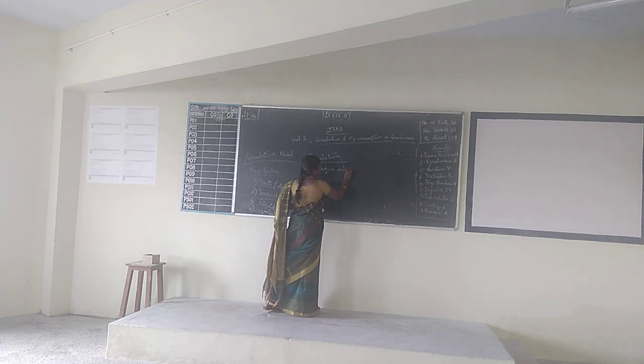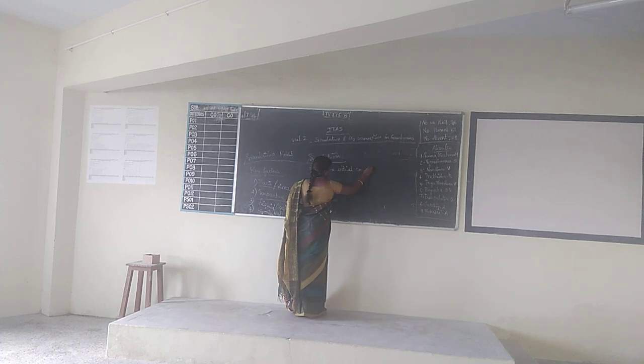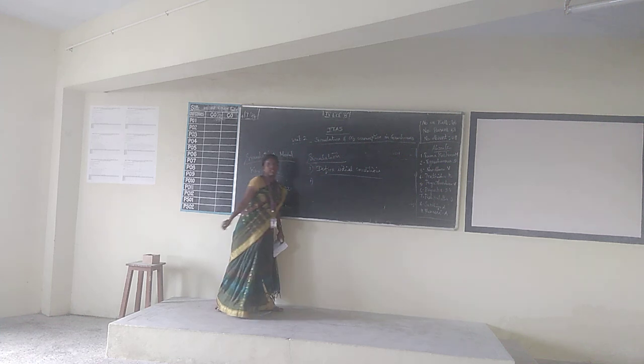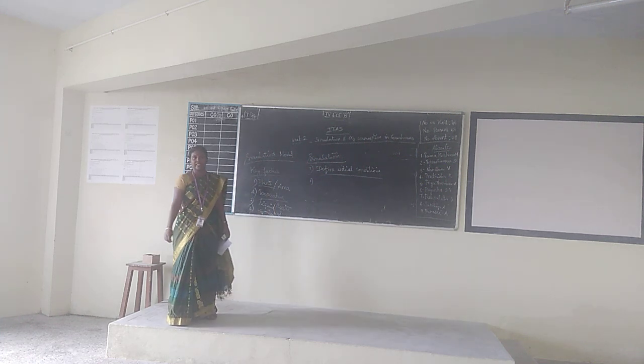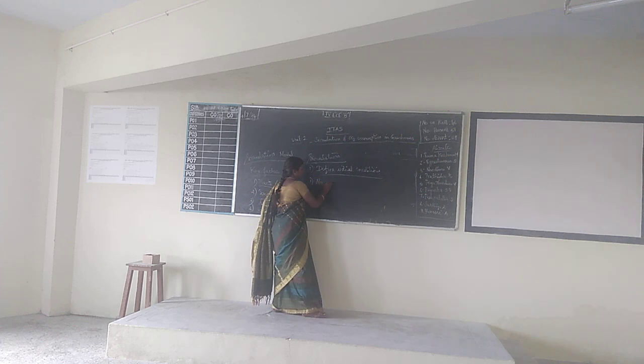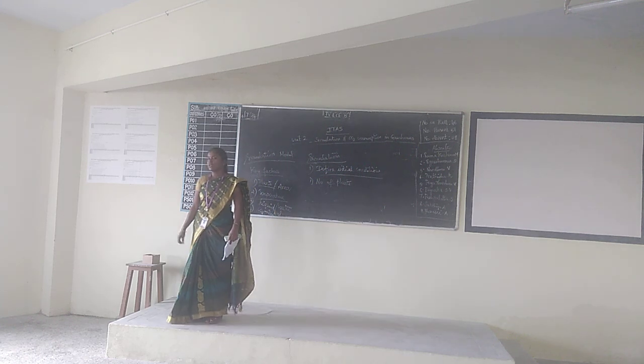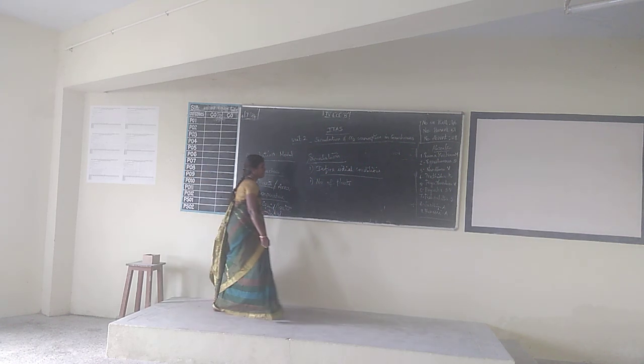Writing here, initial conditions. What are the initial conditions? First, the number of plants: how many plants are we going to build under a greenhouse?